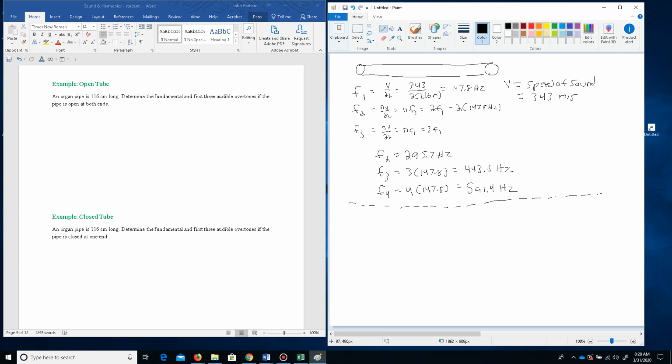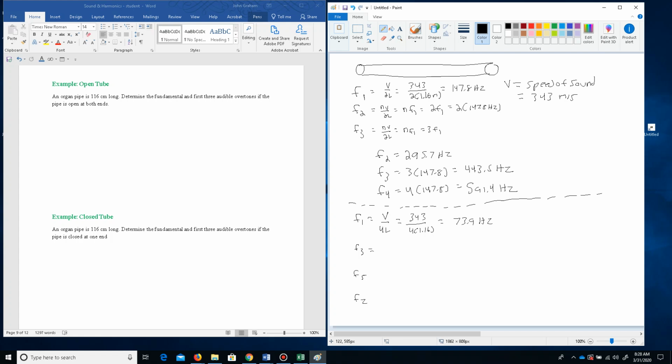So we're going to find F1, and then we'll find F3, F5, and F7. F1 is going to be V over 4L. Since this is with one end closed, it takes 4 times the length to get the wavelength. And that would be 343 over 4 times 1.16, which is 73.9 hertz.